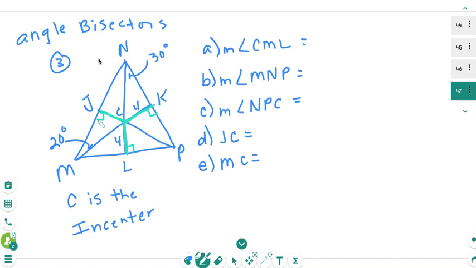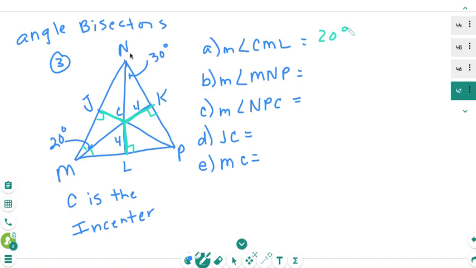All right, so if we have angle bisectors and we are looking for angle CML, that's going to make those two angles the same. So that's going to be 20 degrees. And then we are looking for MNP.